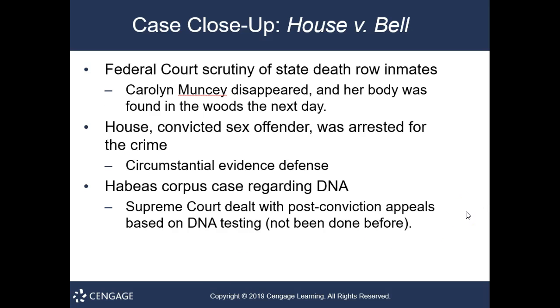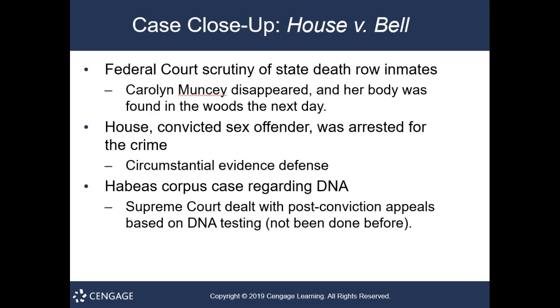let's look at a close-up of House versus Bell. This is a federal court scrutiny of death row inmates. Carolyn Muncy disappeared and her body was found in the woods the next day. House, who was a convicted sex offender, was arrested for the crime. There was circumstantial evidence for the defense suggesting that he did not do it.